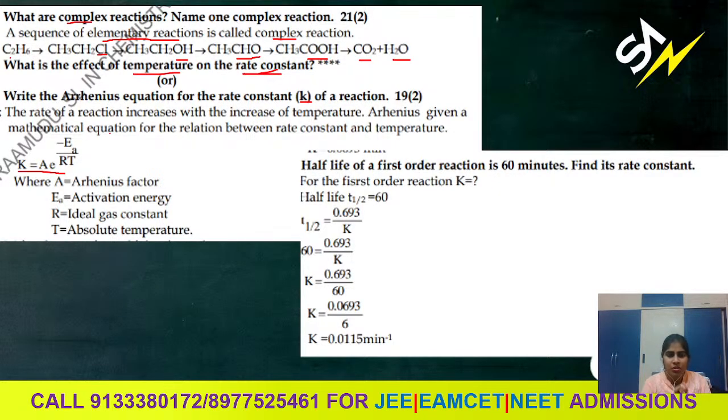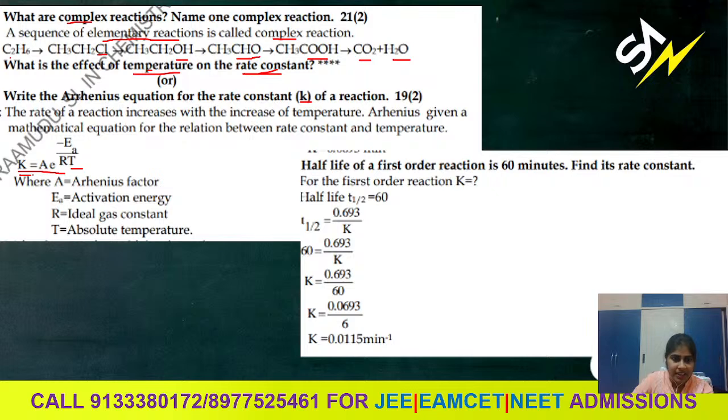We need to show that in the form of a formula, relating temperature and the rate constant. It is shown in this way: K is the rate constant, that is equal to A e power minus EA by RT. This is the relation between temperature and rate constant.